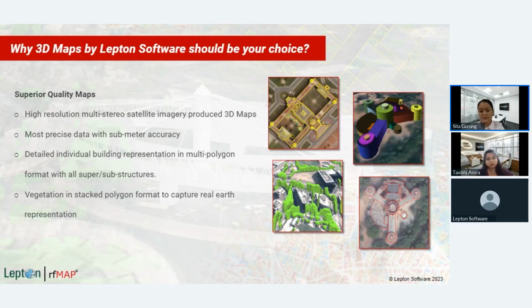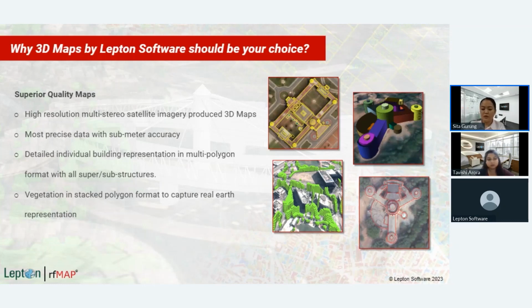First, high resolution multi-stereo imagery to produce 3D maps, which means the input that we are using, the satellite imagery, right? To create any digital maps, we would require satellite imagery. And for 3D maps specifically, we need stereo satellite imagery. The traditional approach to create a 3D map is to use stereo satellite imagery, maybe a single stereo satellite imagery.